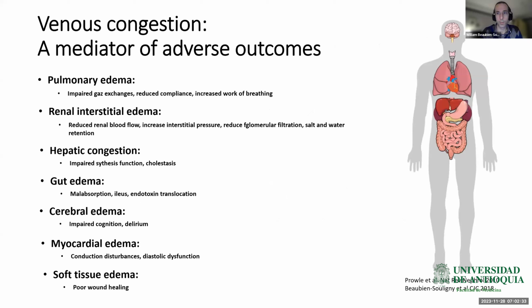Although if you get close to the right atrium, you begin to see variation in right atrial pressure, commonly known as the CVP waveform, as you can see on the screen with the X and the Y descent, which in fact represent venous return during the cardiac cycle. But because the venous circulation is highly compliant, as you go further in the venous circulation, these variations of right atrial pressure during the cardiac cycle are usually absent.